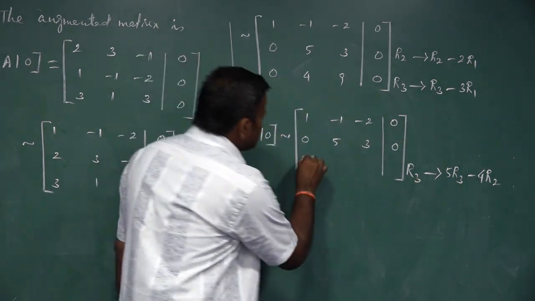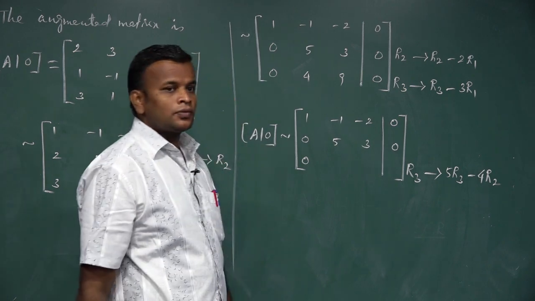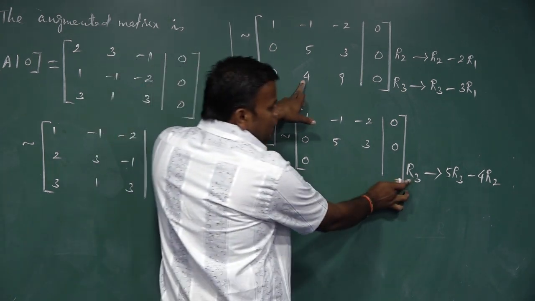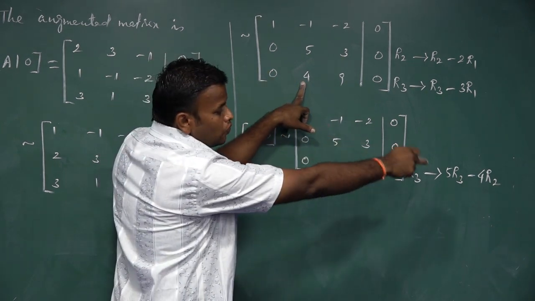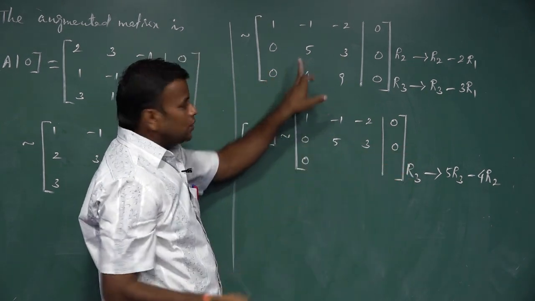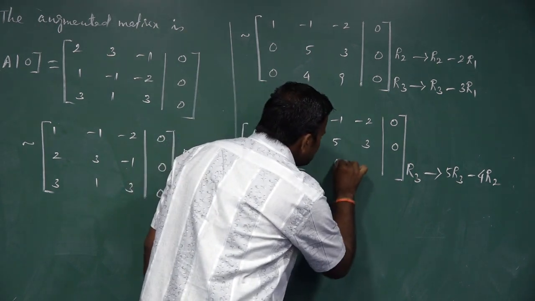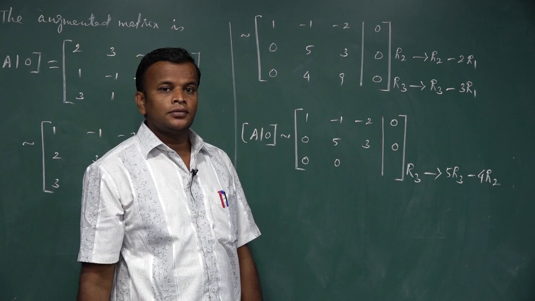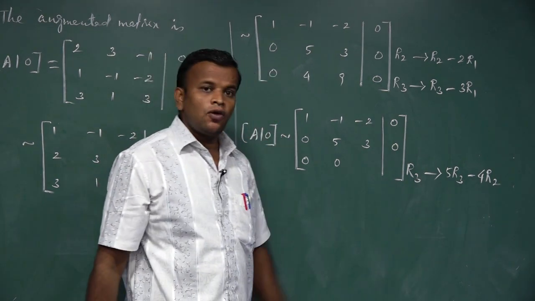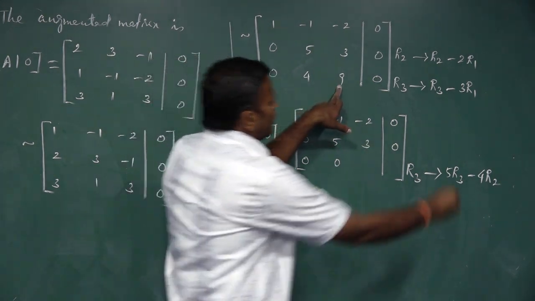First one, all are 0, so no problem, it is also 0. Now we check the number 4. How to write R3? 5R3, 5 fours are 20. Minus 4 times 5, 4 fives are 20. 20 minus 20 is 0. Next, the number 9, we write R3 as 5R3.